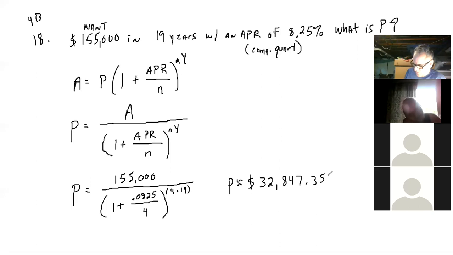I must have missed a number somewhere. 155000 divided by parenthesis, parenthesis, 1 plus 0.0825 divided by 4, to the power of, oh, that's probably what it was right there, 4 times 19.